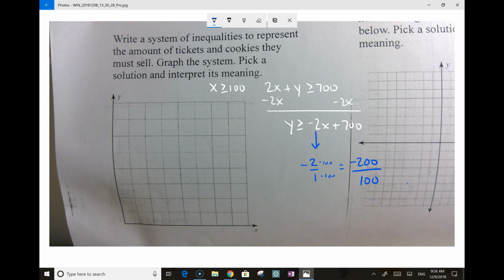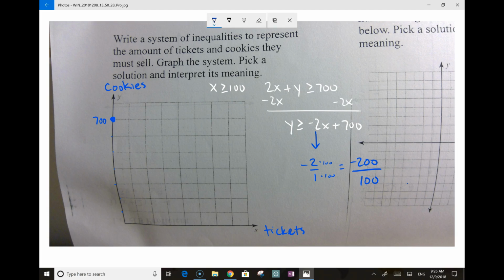I'm going to label my axes: x is tickets, and y is cookies. And so I need to go up 700. So 1, 2, 3, 4, 5, 6, 7. This is 700, and that's my first point.